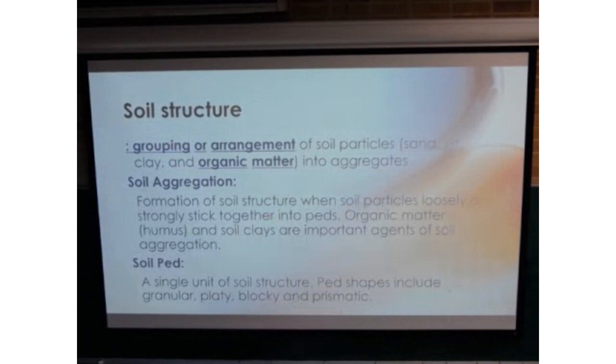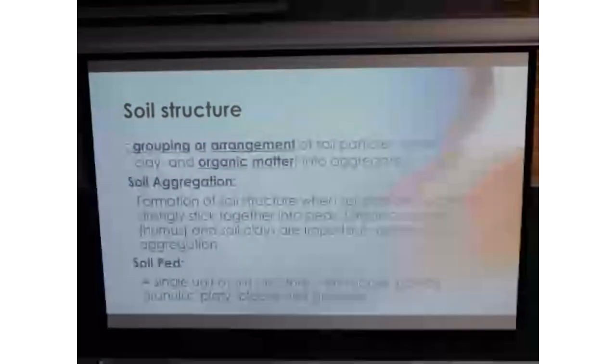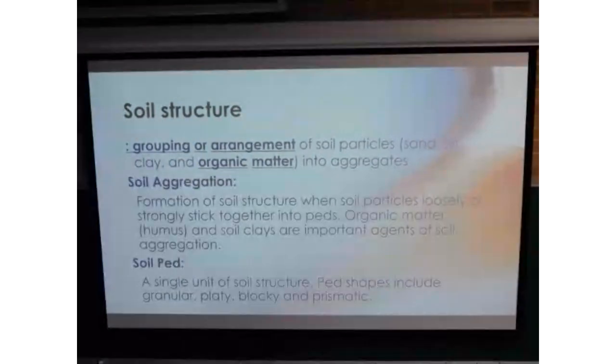And soil structure, and then other soil characteristics. Structure means the grouping or arrangement of soil particles, sand, silt, clay, and organic matter into aggregates. So what is an aggregate? Simply, an aggregate is a grouping or chunk of soil particles.